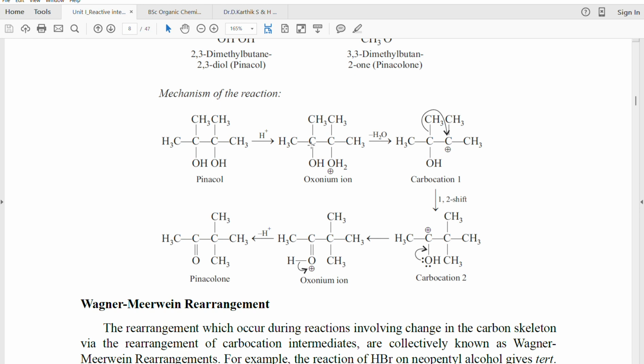And the second step, after the formation of the carbocation, we have to look at the possible shifts, possible rearrangements where the most stable carbocation would form. Once the most stable carbocation is formed, the next step is formation of the product by leaving the catalyst. Okay, so these are the steps you have to carefully look into in rearrangement reactions.